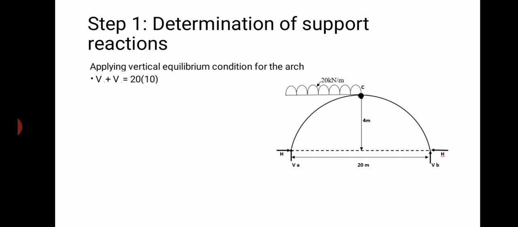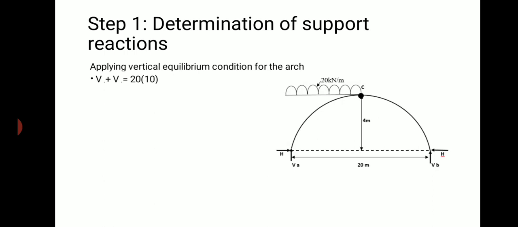The total span where the load acts here is 10 meters. So we are supposed to calculate the magnitude of the load which is acting over the 10 meters of span, because the load span is 10 meters.